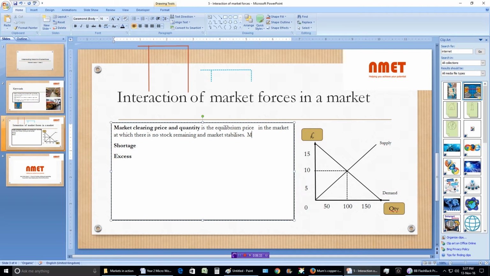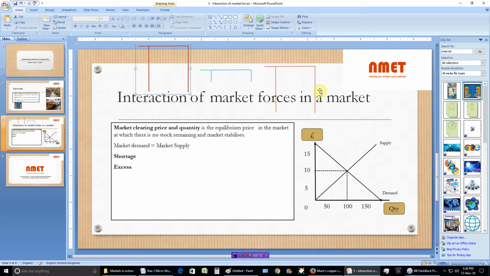So market demand equals market supply. So this is what the demand and supply does. The market forces of demand, which is downward sloping, and the market force of supply, which is upward rising, intersect. They set the market price for a particular commodity at £10, and the market demand and supply is equal to 100, and there is no excess.